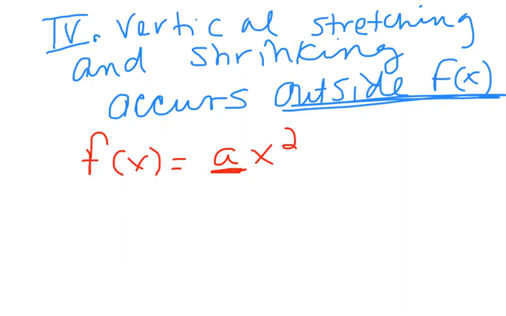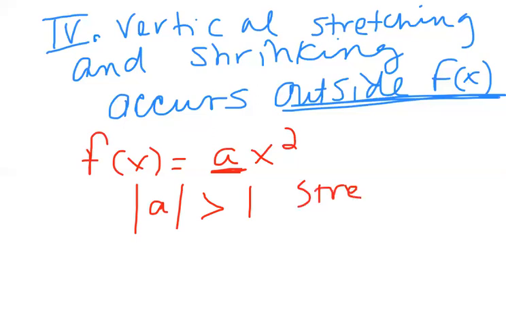Now, in order for it to stretch vertically, we look at the a value, and we're looking at the absolute value of it because sometimes the a value could be a negative. So you're just looking at the number value. So if that number, and I put the absolute value there so we can focus on just the number, is greater than 1, guys, then this graph is going to be stretching.